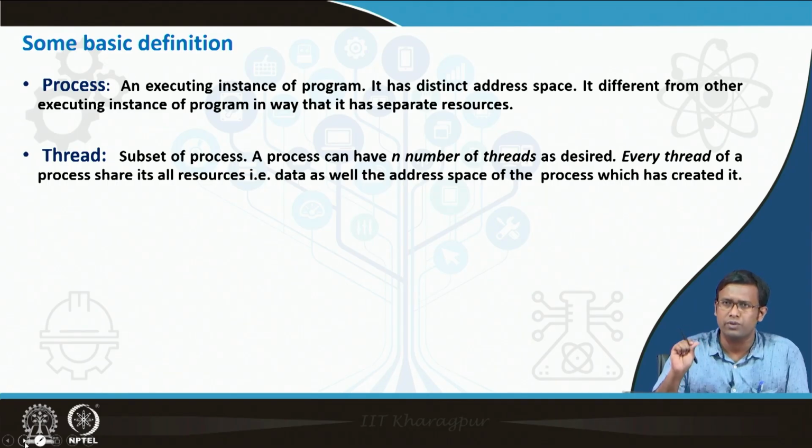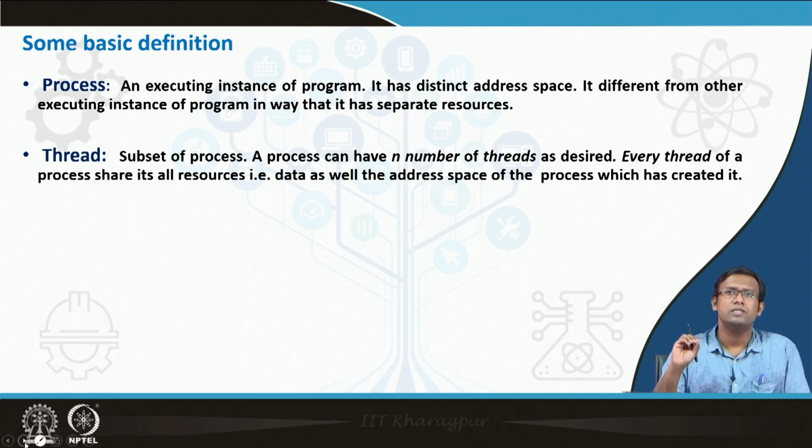A process means an executing instance of the program which works on its local data, which works on its distinct address space. This executing instance does not share its address space with any other executing instance. There can be multiple processes running for the same program, but each process has its own memory space.